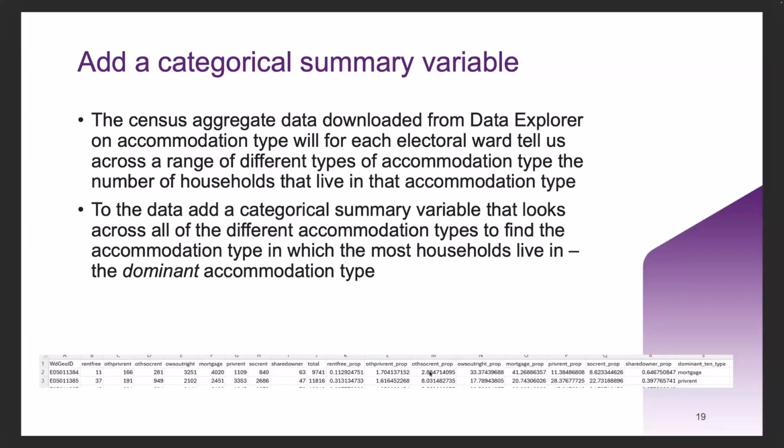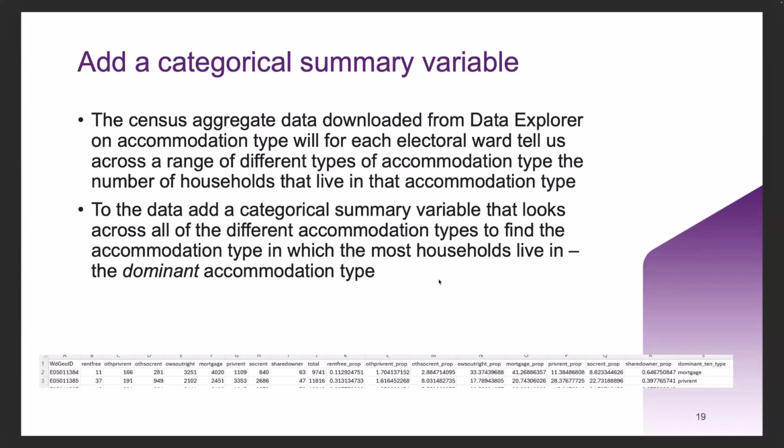So which category of house type is the dominant one for the output area? In this case, it's going to be mortgage or private rented, and that's just a good way of summarising the data and saying what's the dominant accommodation type within that output area. Or alternatively, you could have what's the least dominant, which would be a different one you could add.